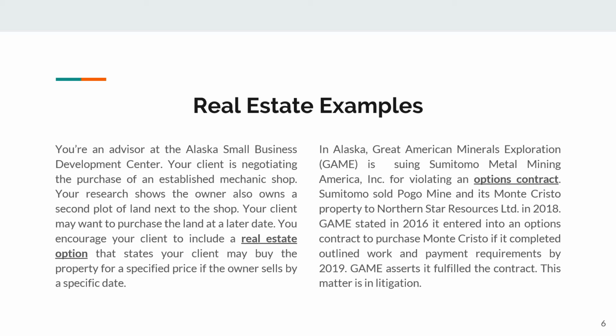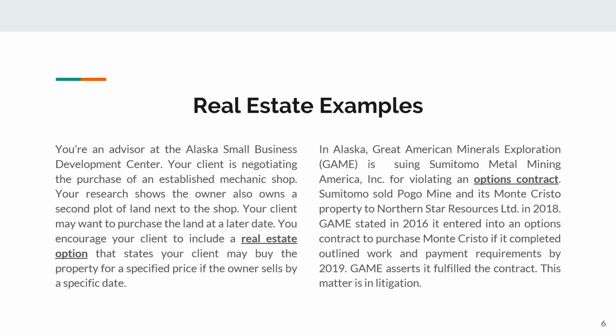So the Great American Minerals Exploration Company stated that in 2016, it entered into an options contract to purchase Monte Cristo if it completed outlined work and payment requirements by 2019. So again here, the Minerals Exploration Company is asserting that it had fulfilled the contracts, so it was inappropriate for Samuto to sell the Monte Cristo property to North Star Resources.